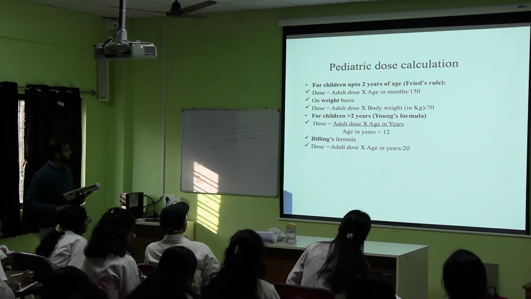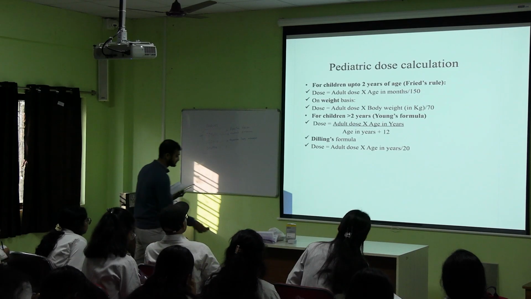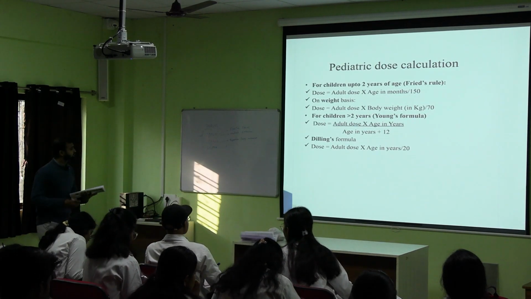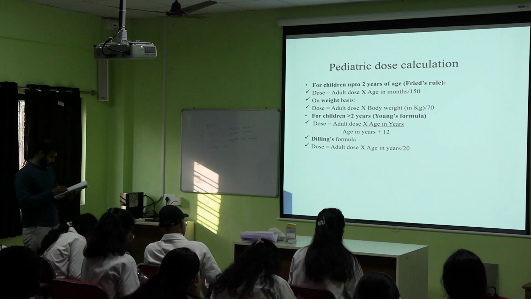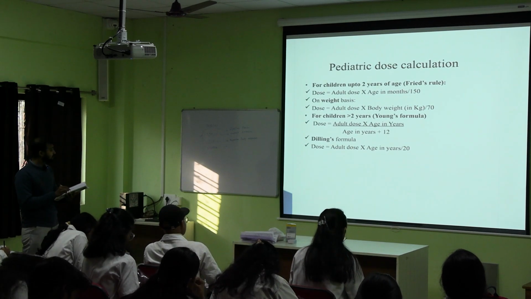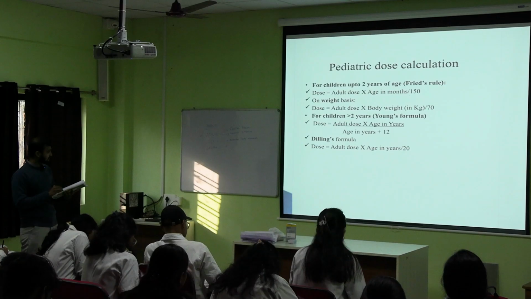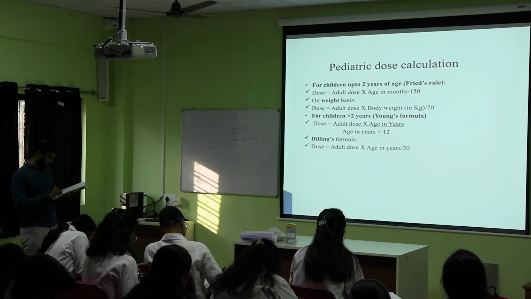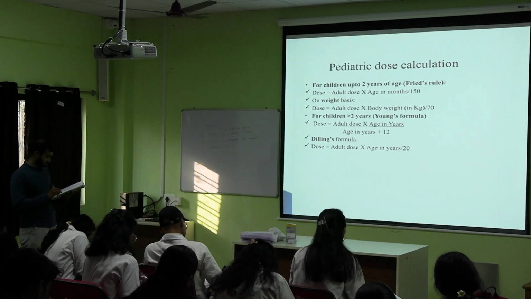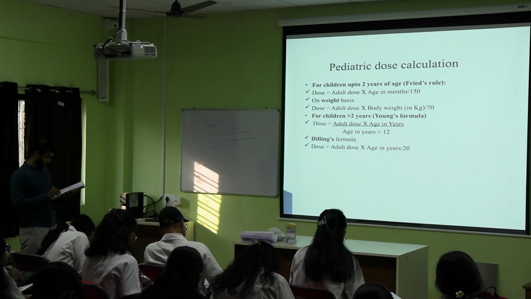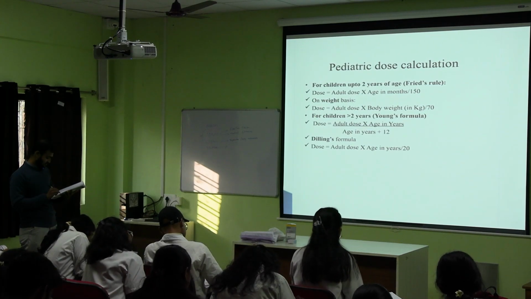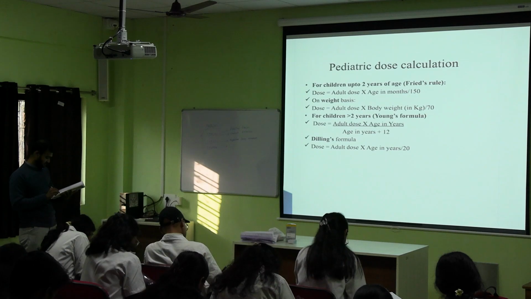If you use Dilling's formula here, you can use Dilling's formula also. What is the adult dose here? 500. What is the age in years? 6 years. Divided by 20. What is the answer?